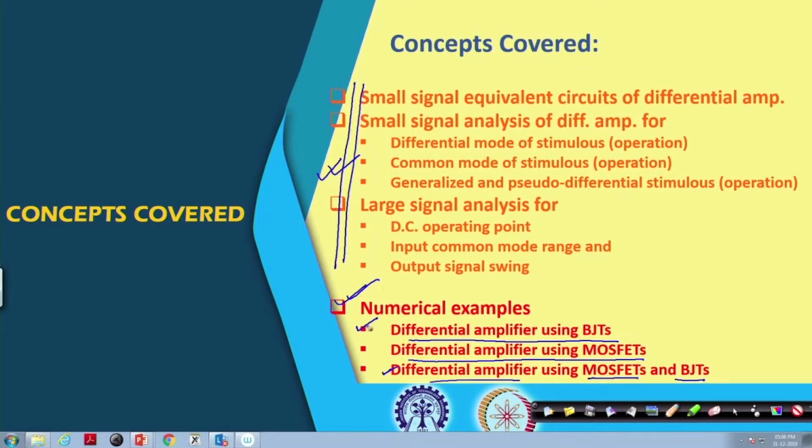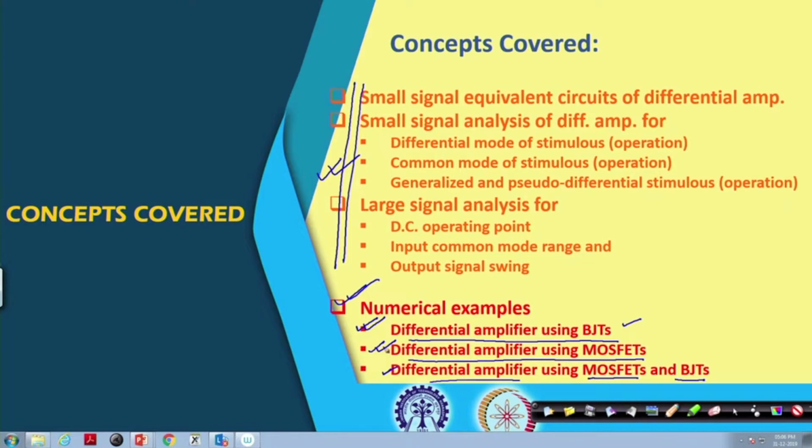The differential amplifier with BJTs will be covered from different perspectives, namely the DC operating point, small signal parameters, differential mode gain, common mode gain, and then the input range and output swing. So almost every aspect will be covered with this example.